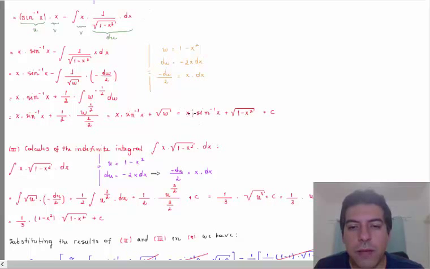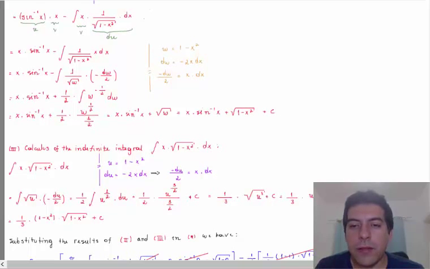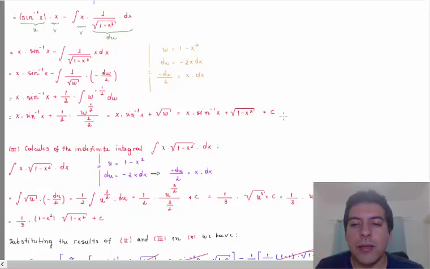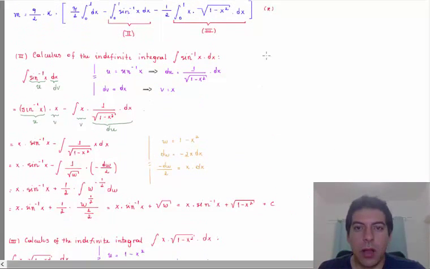So I just have x times sine minus 1 of x, and w I will write as 1 minus x squared, and once it's an indefinite integral, I will just add a constant right here. So this is the result of the integral 2.